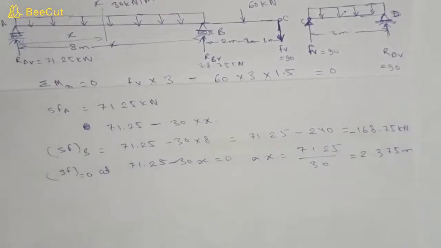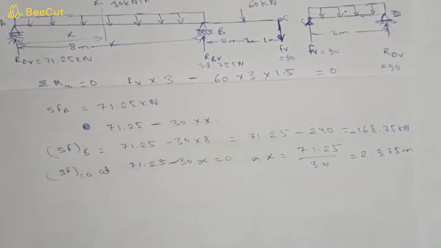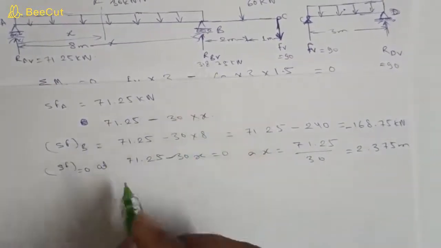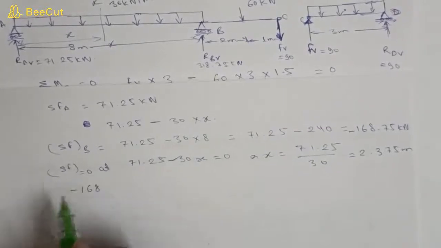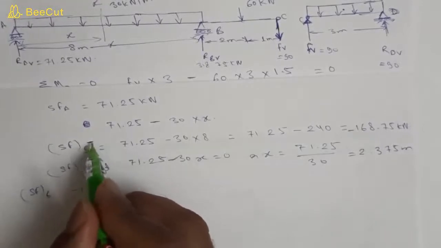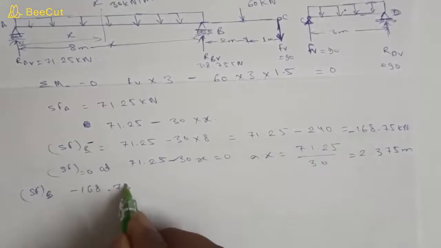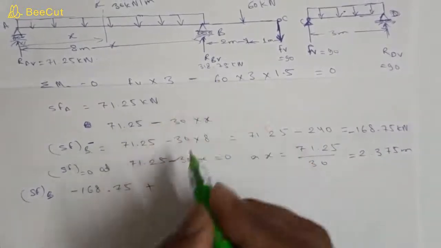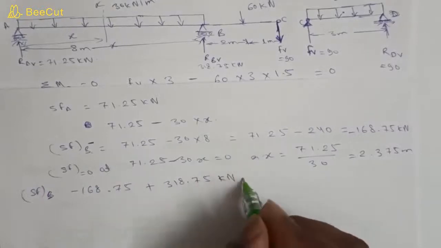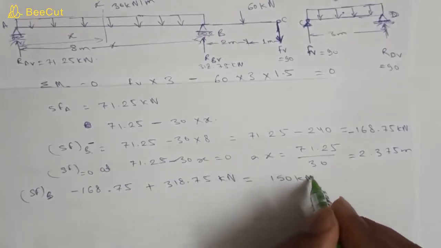Now we have to calculate shear force at point just after the point B. So just before B it is minus 168.75, plus this force 318.75 kilonewton. So it will become 150 kilonewton.